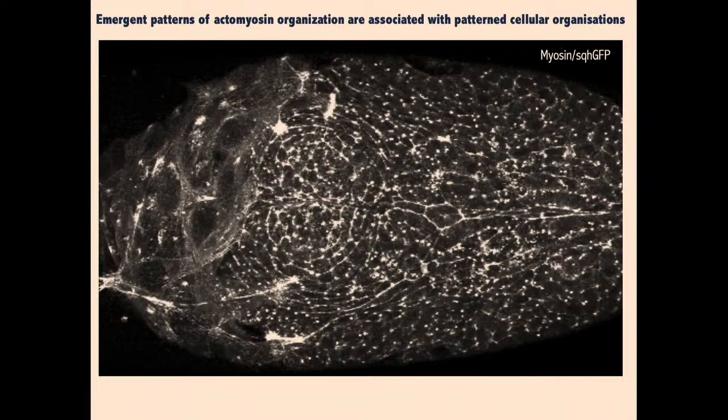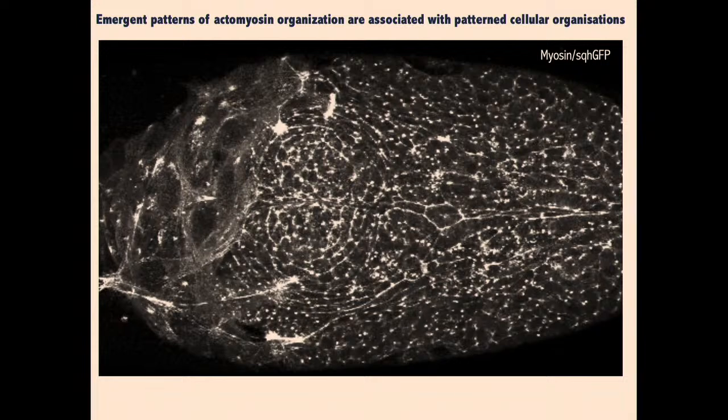So that is still the retracting germ band. Myosin is the motor that works with actin, so we're using it as a proxy for actin. It's a GFP tagged protein that is driven with its own promoter, so it's there everywhere that myosin is.